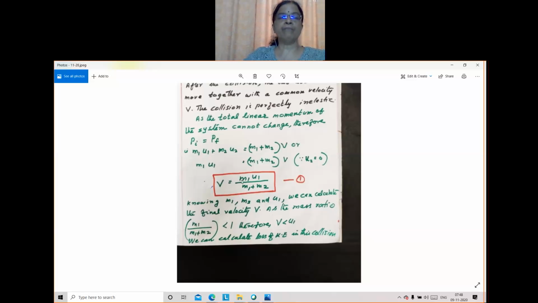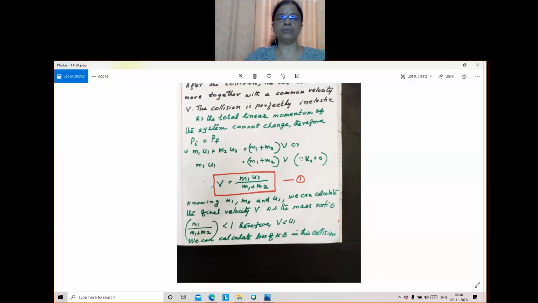Knowing m1, m2 and u1, we can calculate the final velocity v. The mass ratio m1 by m1 plus m2 is less than 1. We all know m1 plus m2 will always be greater than m1, so m1 divided by a bigger quantity gives an answer less than 1. For example, 1 by 6, or 1 by 2 which is 0.5.